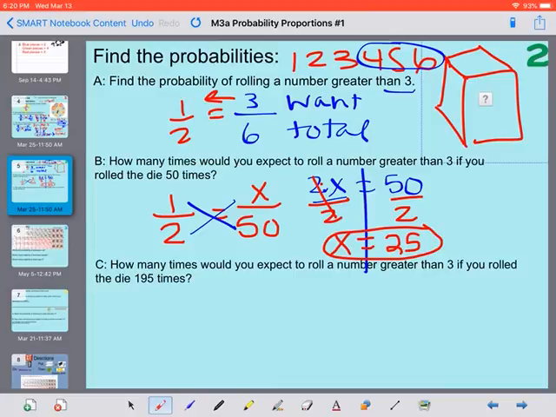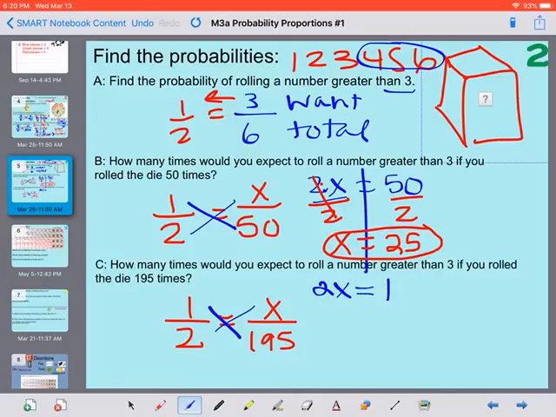And this next one, how many times would you expect to roll a number greater than 3? So same probability, if you roll the dice a total of 195 times. We're going to cross multiply. 2 times x is 2x. 195 times 1 is still just 195.